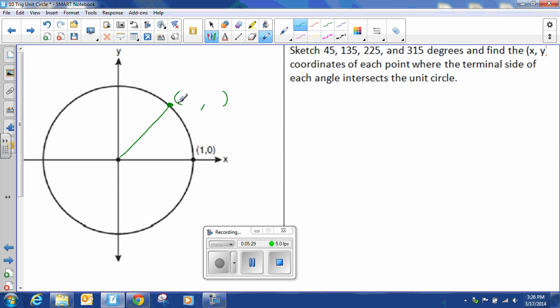Now if you remember, the right triangle makes that happen, because whatever this value is and this value is, those are the x and the y coordinates. We know that this is a 45-degree angle, this is a 45-degree angle, and we know that the radius is 1. In other words, the hypotenuse is 1.